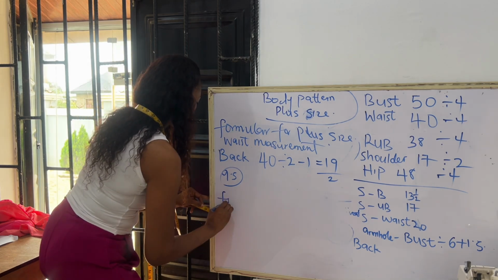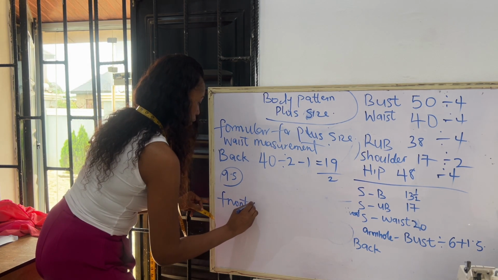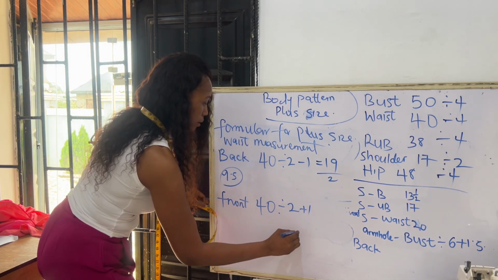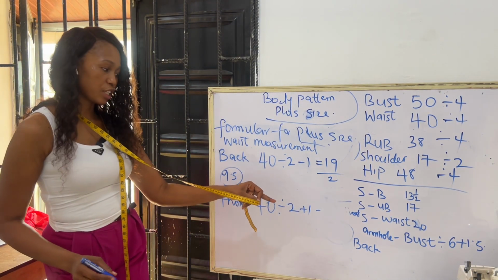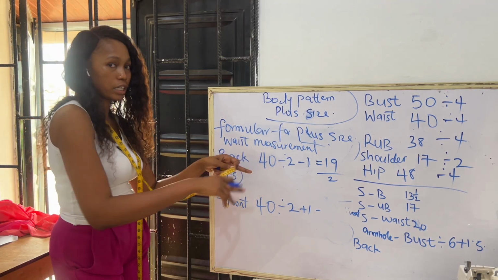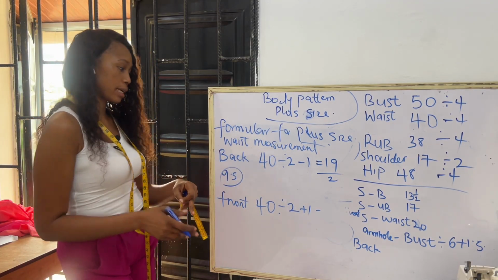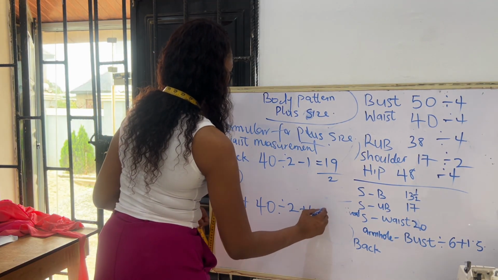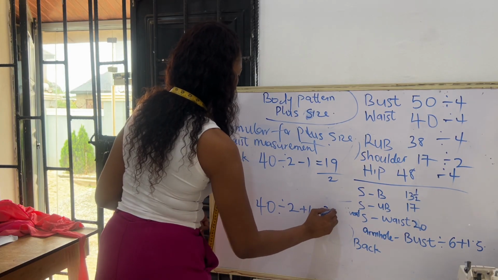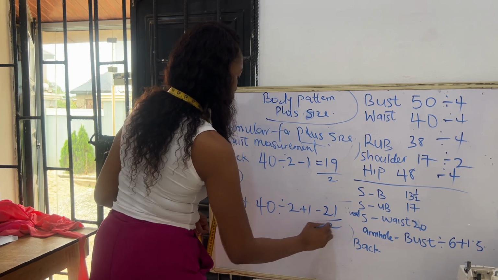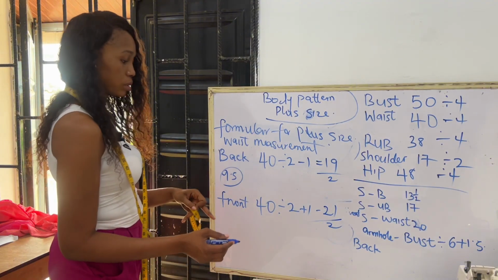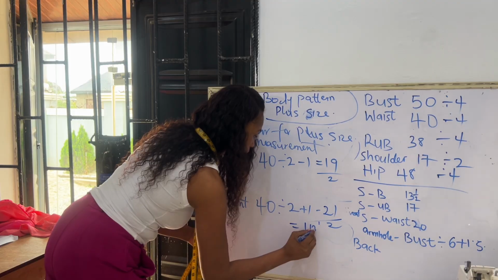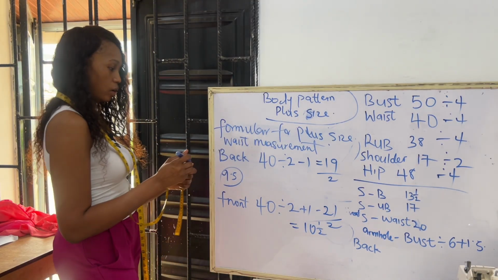Why for the front? For the front it is 40 divided by 2 plus 1. You're adding 1 inch to the front and taking that 1 inch from the back to align together. So 40 divided by 2 is 20, plus 1 is 21, divided by 2. 21 divided by 2 is 10 and a half, or 10.5.